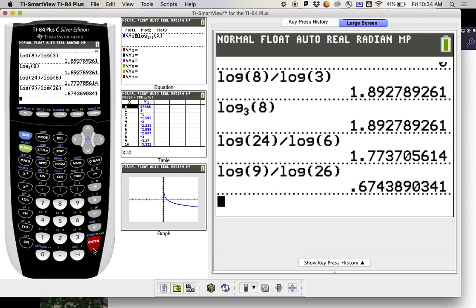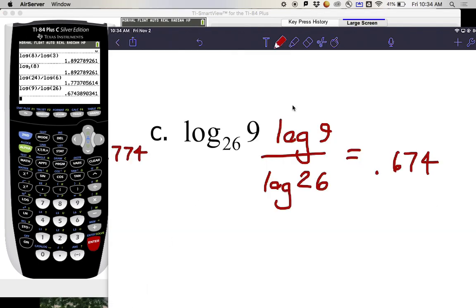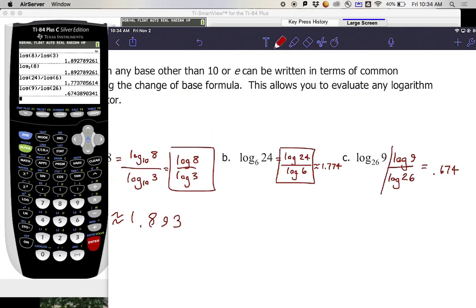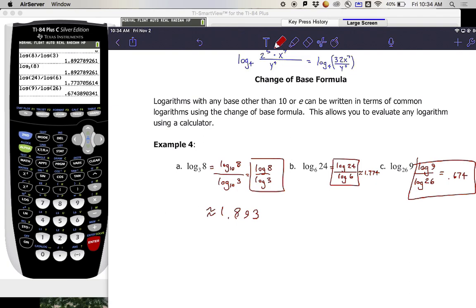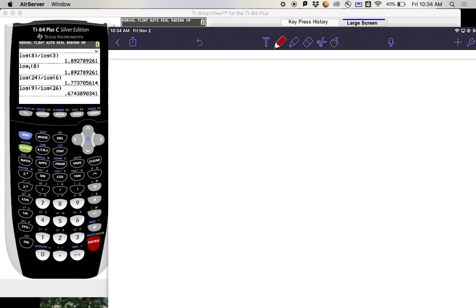And then, there we go. Apparently that decimal there, 0.674. And there's your answer there. So as long as you write this stuff down here, that'll be enough work to show your change of base. And I believe that is it here for today.